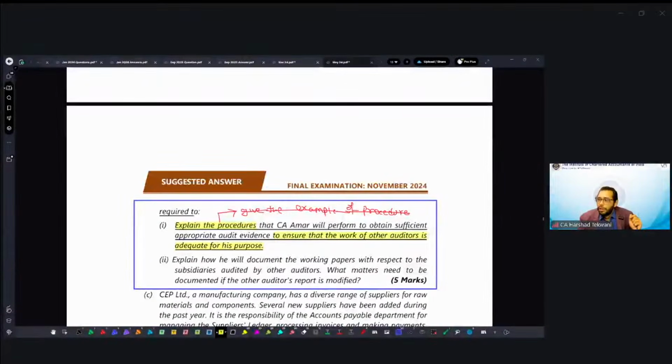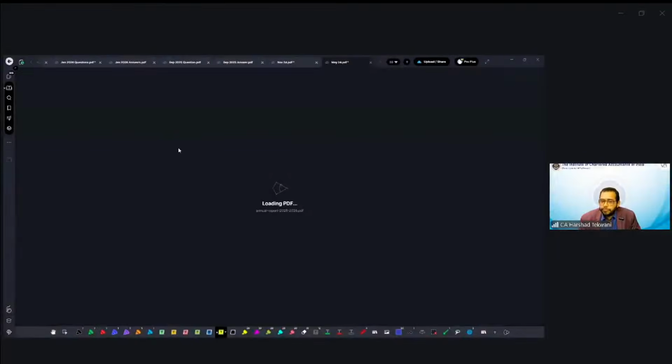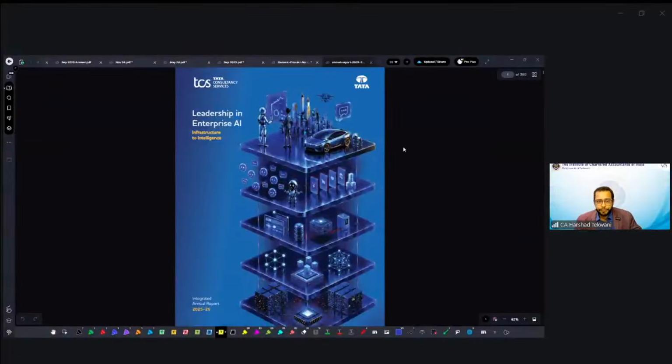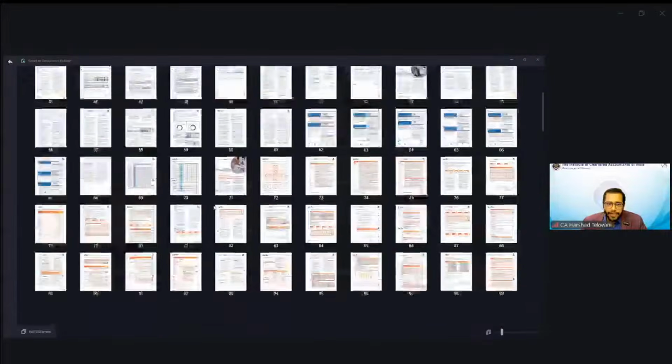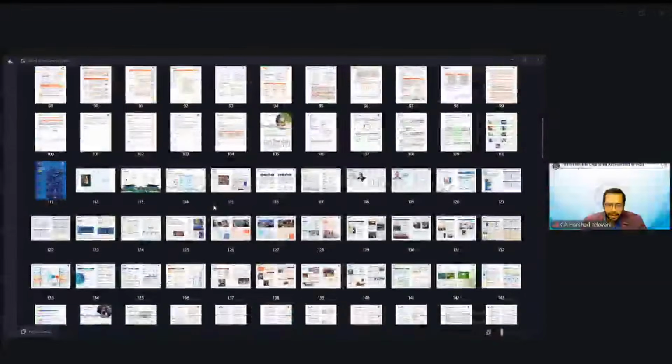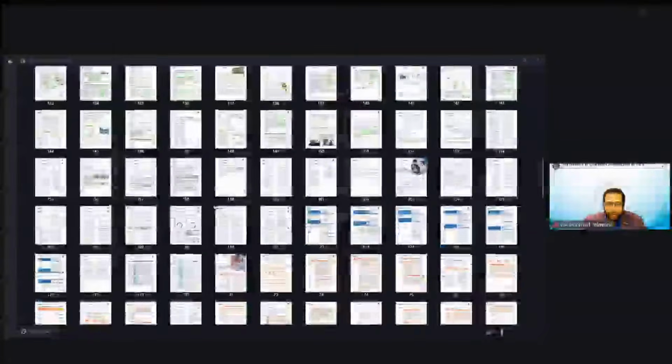Let me share the consolidated financial statement so that we can discuss further. Again, I would request you not to focus on the name of the company as of now. So let us go to the consolidated financial statement section. And again, this is publicly available data, so you can go and check.